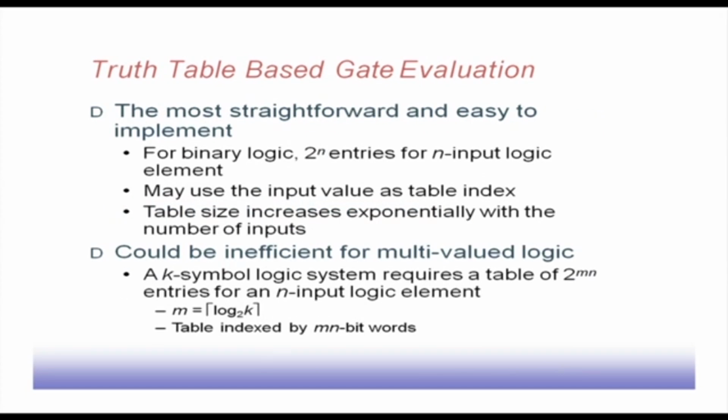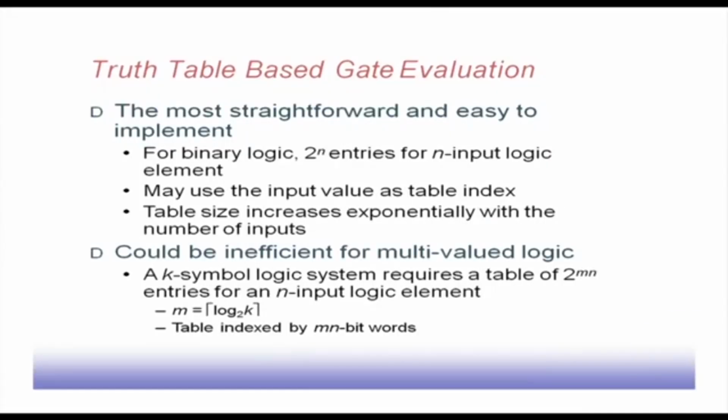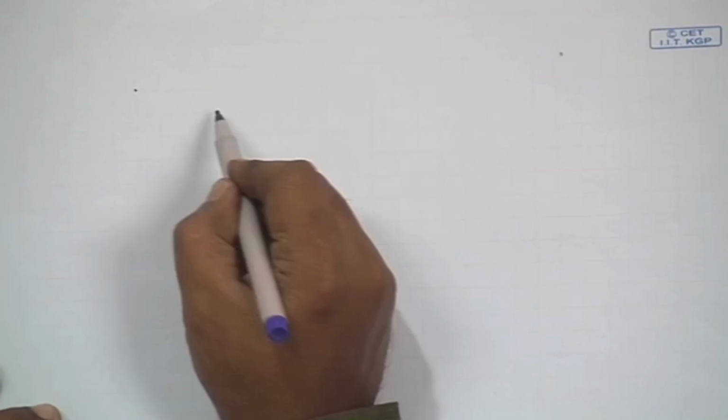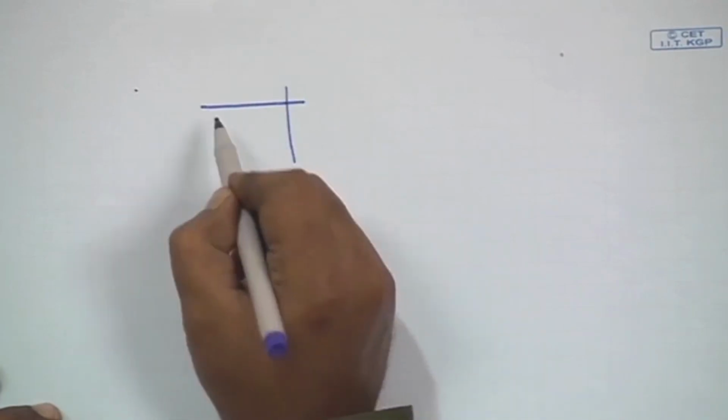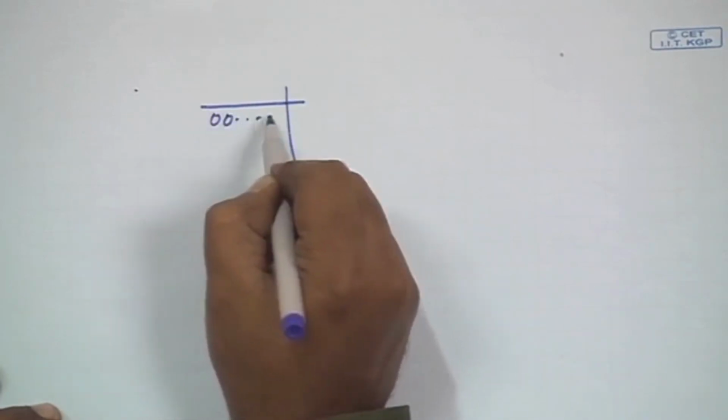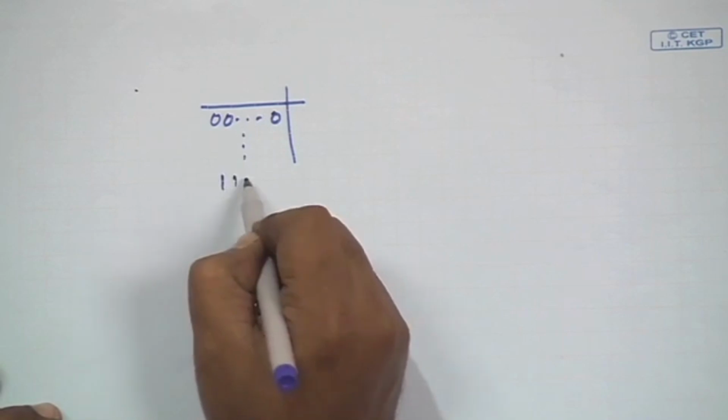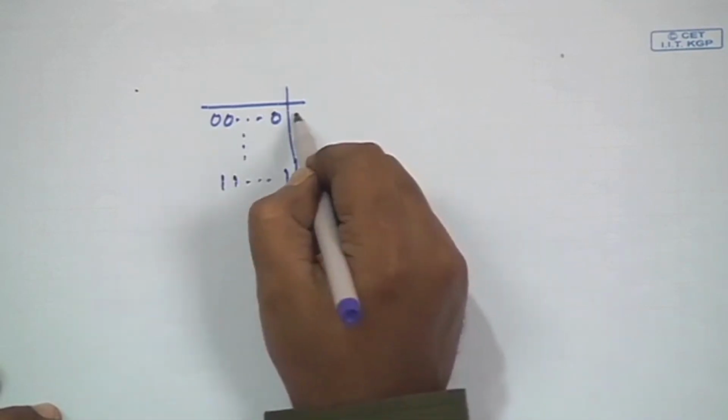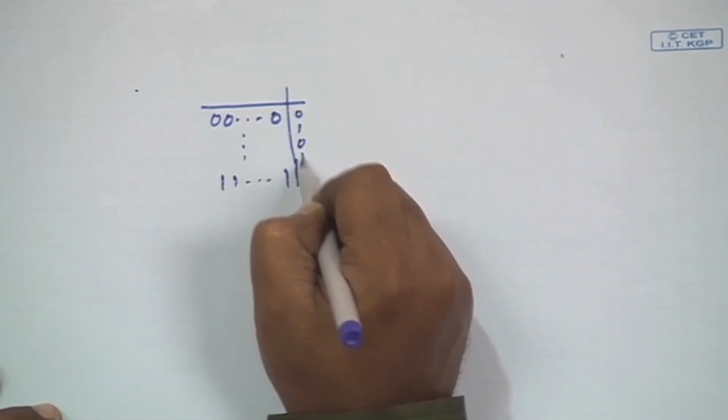Truth table based gate evaluation. So, this is the most straightforward and easy way to implement. So, for binary logic, we have got 2 power n entries for an n input logic element. So, we can check whether a particular logic value has occurred. So, if I have got some n input function, then I may have all the cases from all 0 to all 1, and for each of them I may have the values noted here.